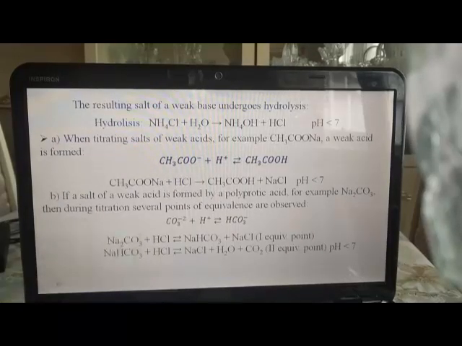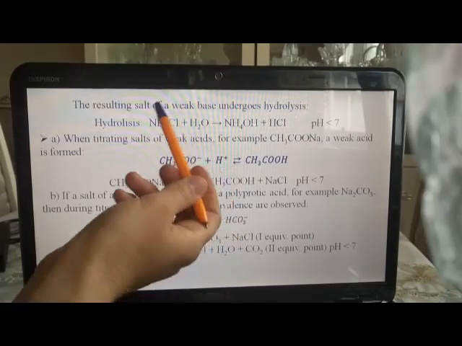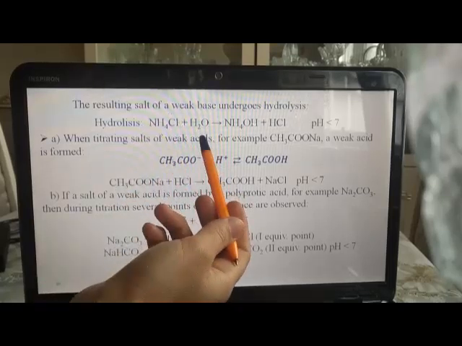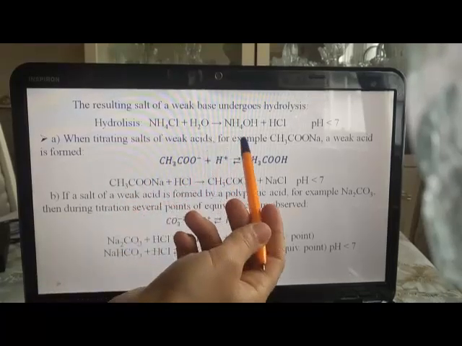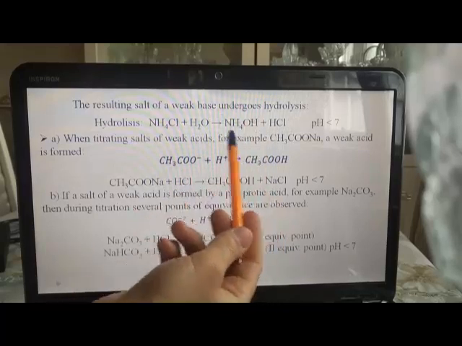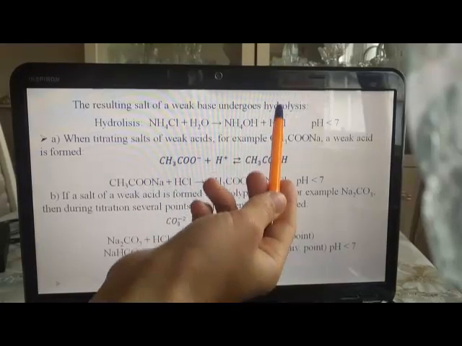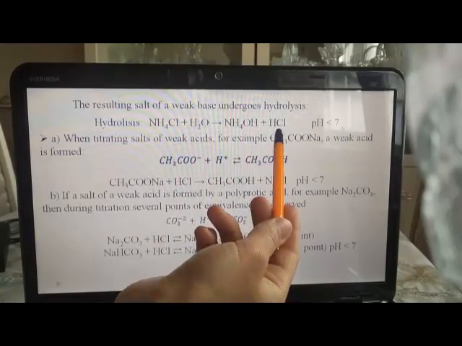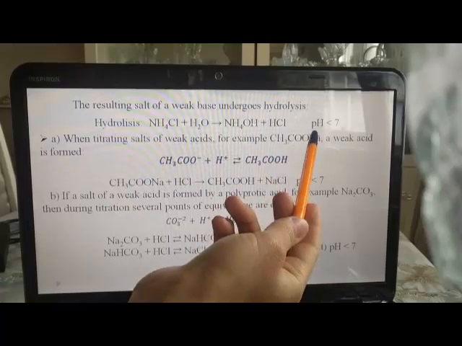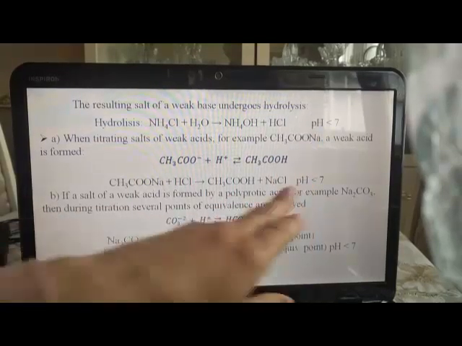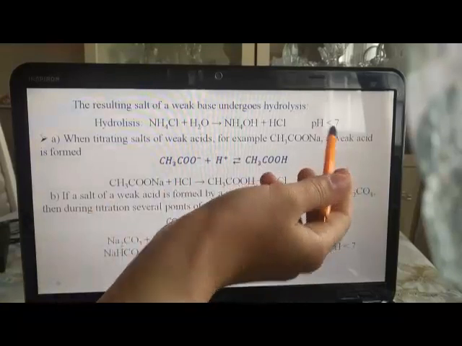The resulting salt of a weak base undergoes hydrolysis. For example, ammonium chloride plus water is a hydrolysis reaction. Here form ammonium hydroxide and strong acid, and the pH of the medium is less than 7.